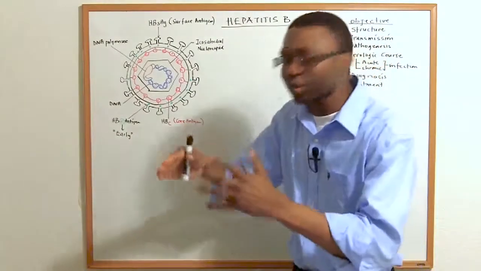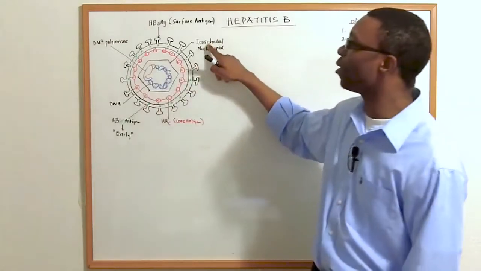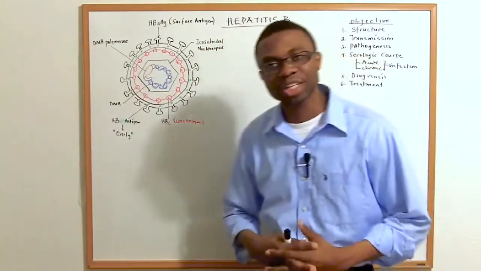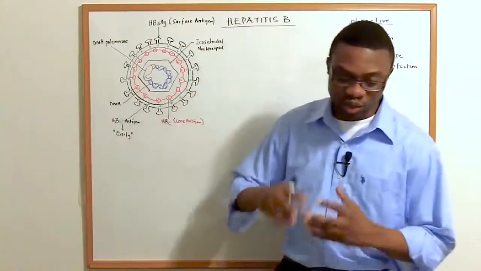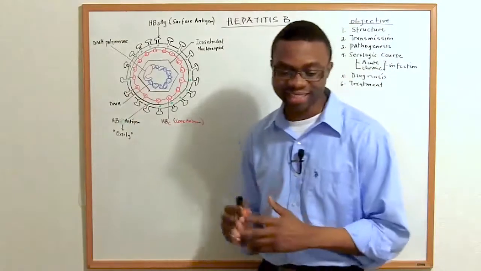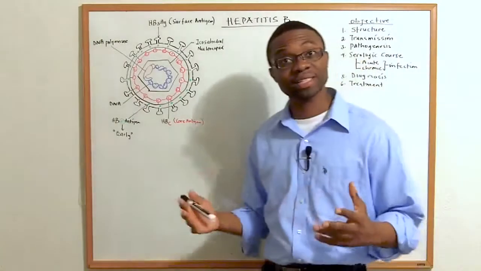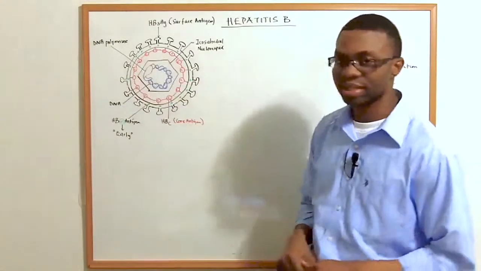Then we move a little bit further and we see this nice little icosahedral nucleocapsid. Actually, an icosahedron is 20 triangles with about 30 edges and 12 vertices, but we're just showing it as a little hexagon.